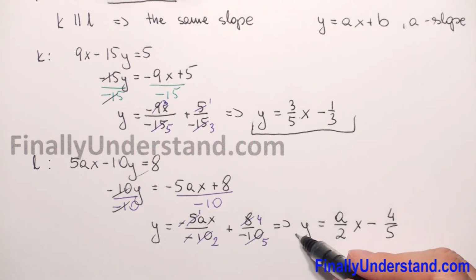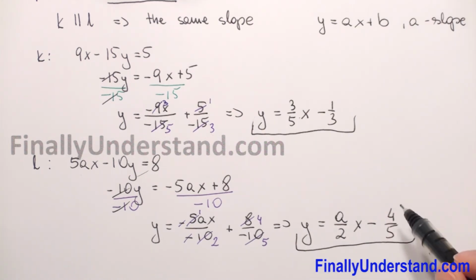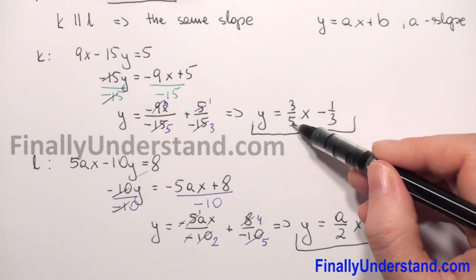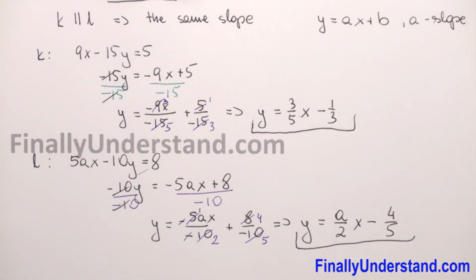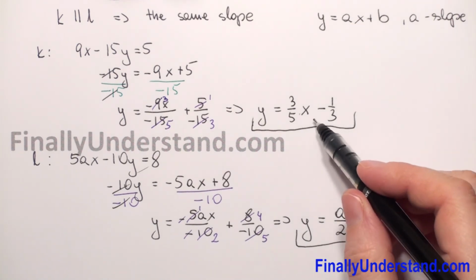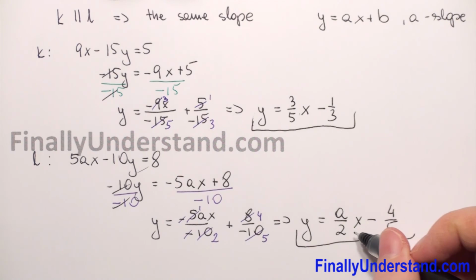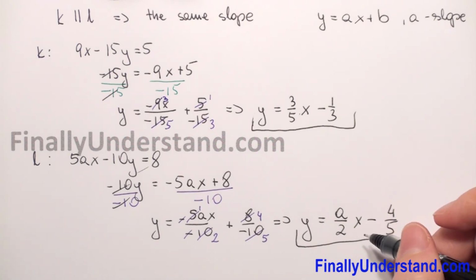And now we have this line L. Like I said, we will have no solution if the slopes are the same. The slope of the first line is 3 over 5 and of the second is a over 2. So when the slope of the first line is equal to the slope of the second line, we will have no solution.